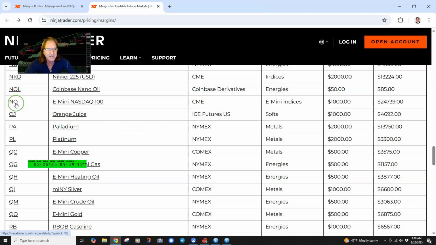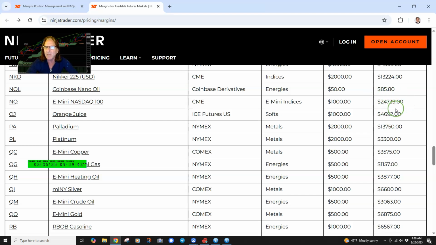So here's the NQ, what I was trading this morning. One contract on the E-mini, okay, for the NQ. And day trade margin's only $1,000, right? Actually, it's called intraday margin, but a lot of traders slang day trade margin, intraday margin, $1,000. And the initial margin is $24,739.